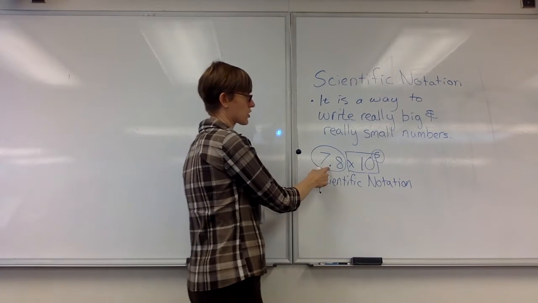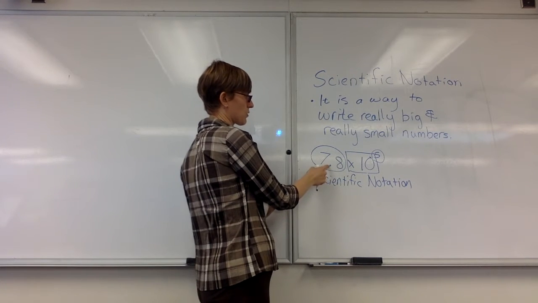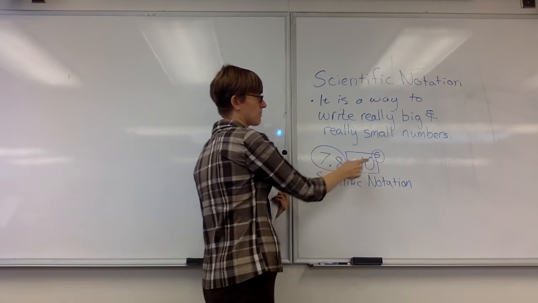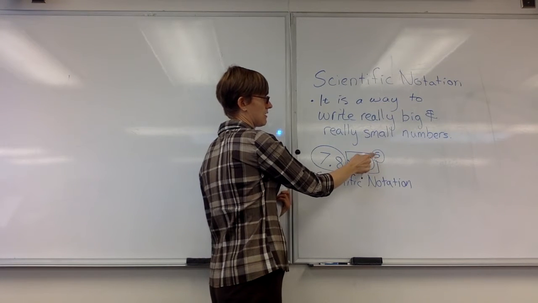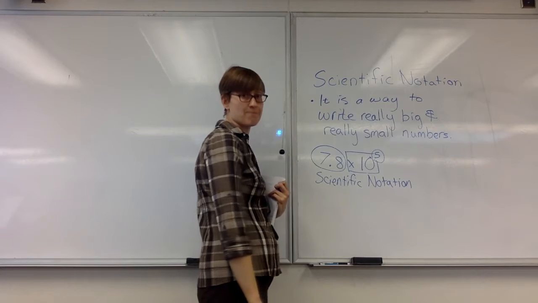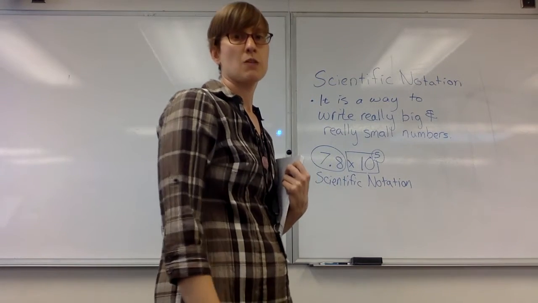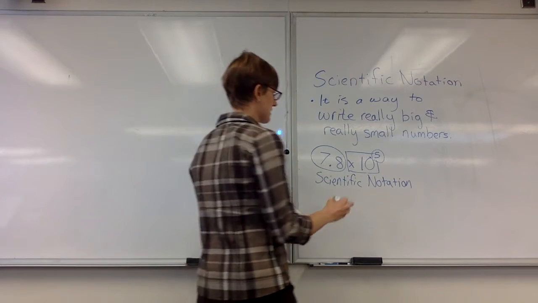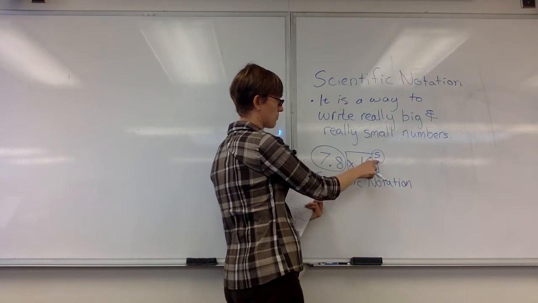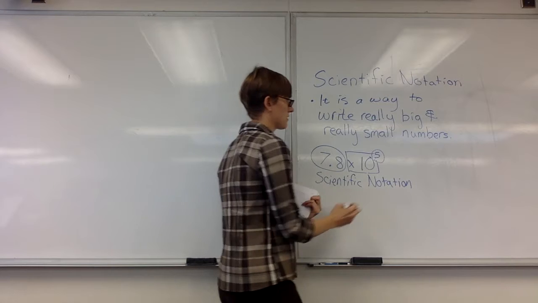What this number actually means is that we're going to move our decimal point 5 places to the right. So you remember when we were multiplying by powers of 10? We'd move our decimal point to the right. So that's what we're going to do here. We're moving it 5 places to the right.